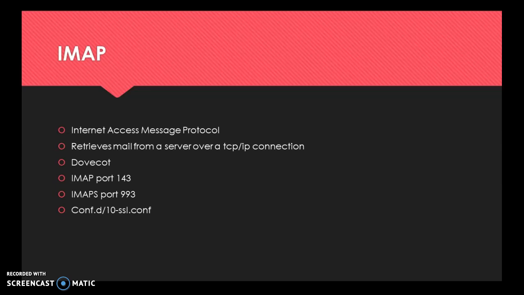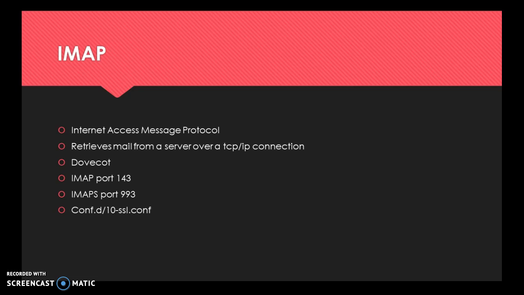Alright, so IMAP. It is the Internet Access Message Protocol. Basically, this is a protocol that you can use for communication between an email server and a client within the network. It will retrieve mail from a server over a TCP/IP connection.